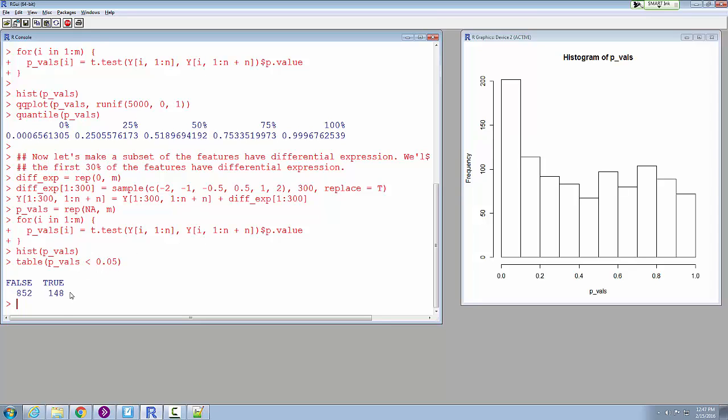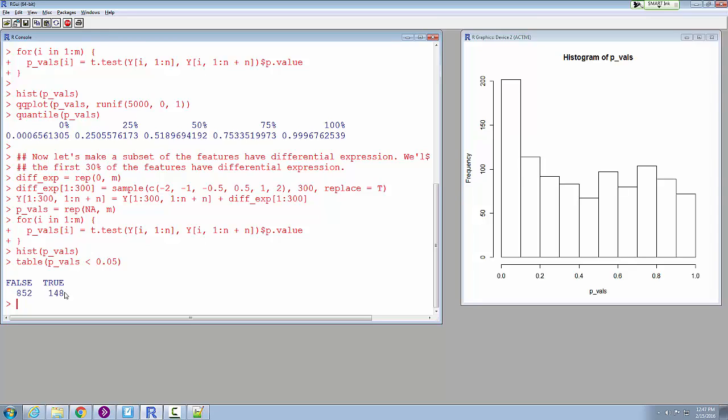But that's of limited value in terms of a statement about confidence, because what if all of the features were null? Then you would expect a lot of these 148 that we found to be null. If all the features were null, we would expect about 5% of them to be selected just by chance. So that would be 50 features. So I would expect 50 out of these 148 to be null.